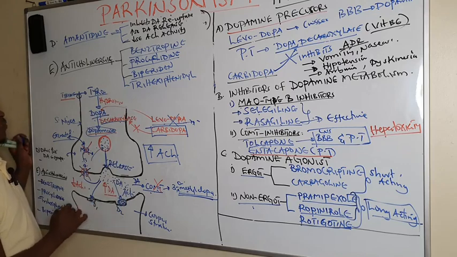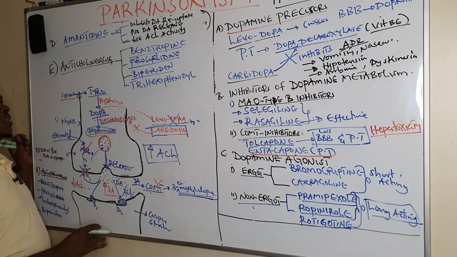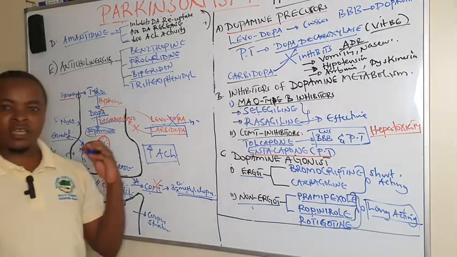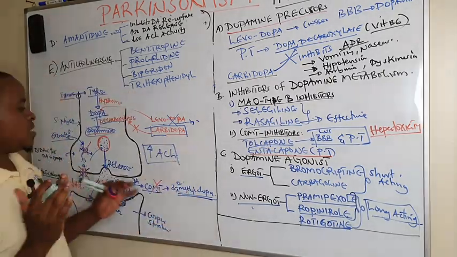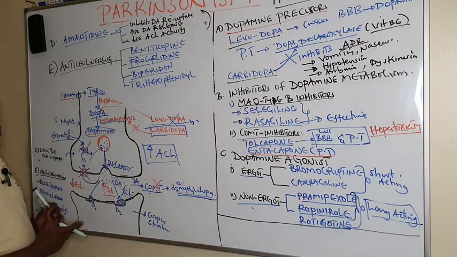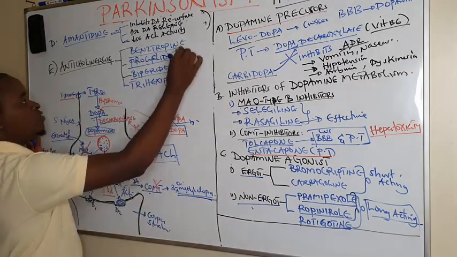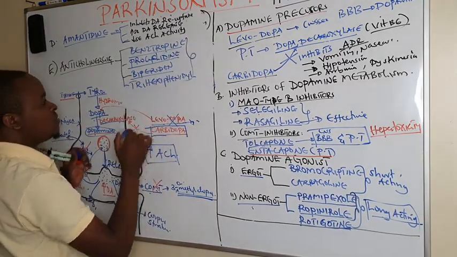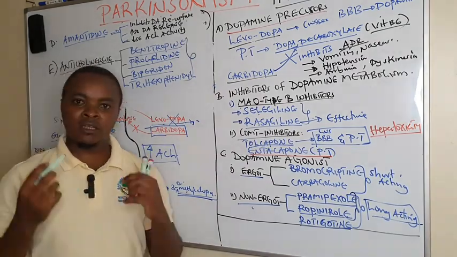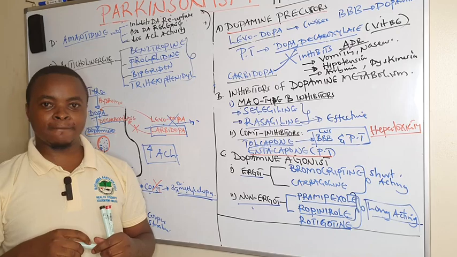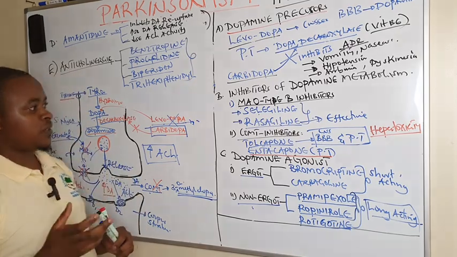They come and block the receptors of acetylcholine, and they do not allow the activity of acetylcholine in the presynaptic neuron, hence also treating. And these ones have proved to be best used in treatment of drug-induced Parkinson's disease. So we can use them.